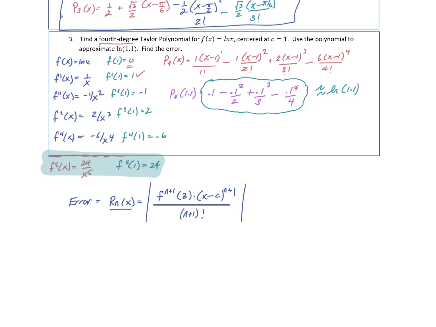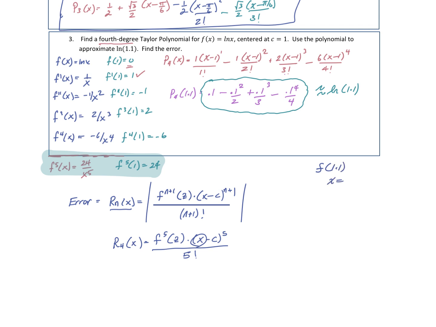So I would write r4 of x equals, I'm plugging in 4 to get f5 of z, and I'll get to that one in a second, x minus c to the 5th, and then over 5 factorial. These still all are going to match each other. X is the x value. Think of it as we did f of 1.1.